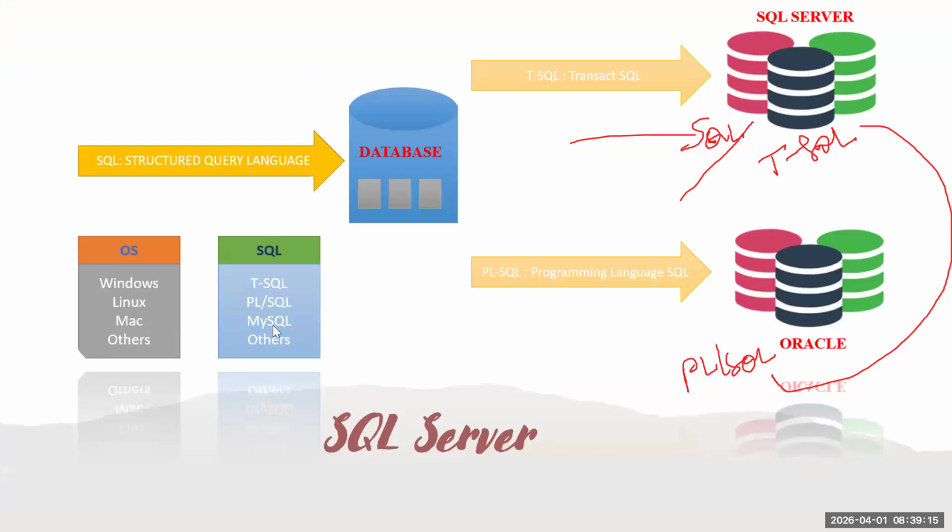Whether you go for MySQL, Postgres, or any database management system, developers will create stored procedures, functions, and triggers. And as a DBA, we need to troubleshoot in case some stored procedures are running slow. Why is the stored procedure running slow? What exactly are they doing in that stored procedure?